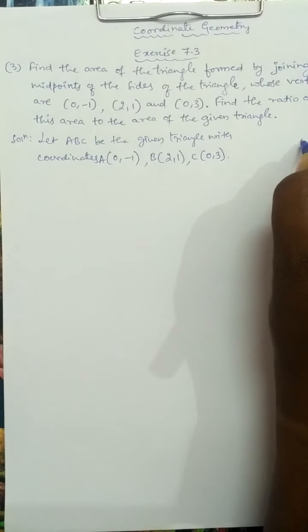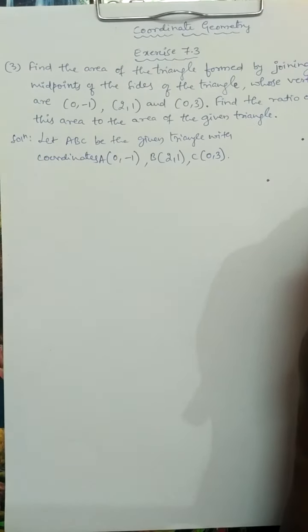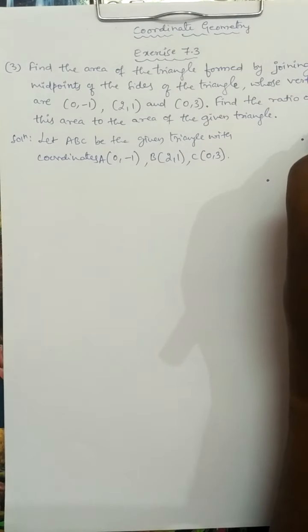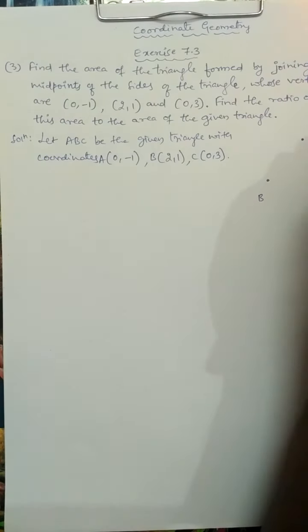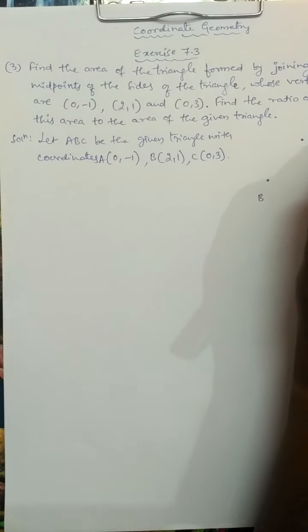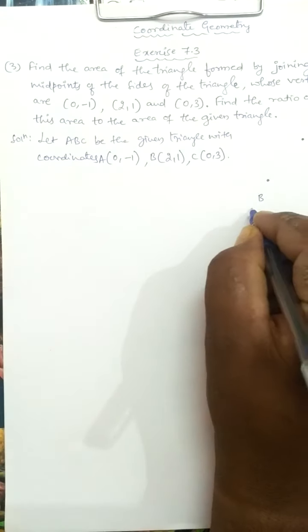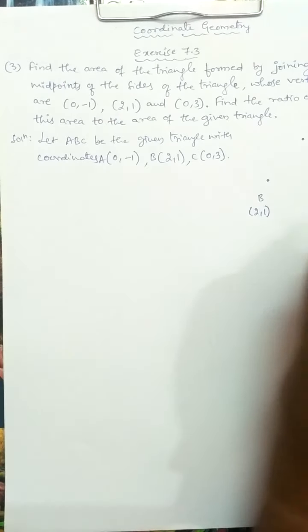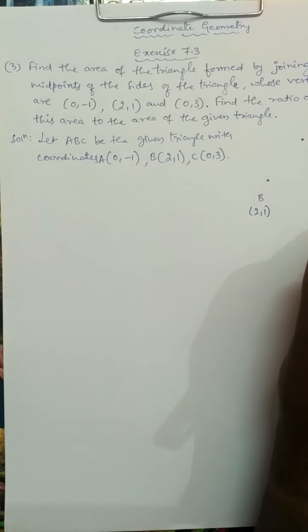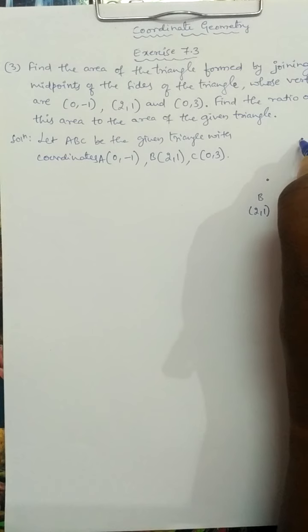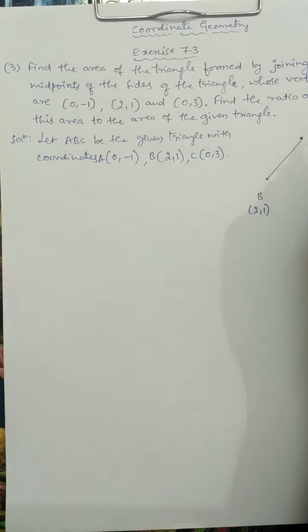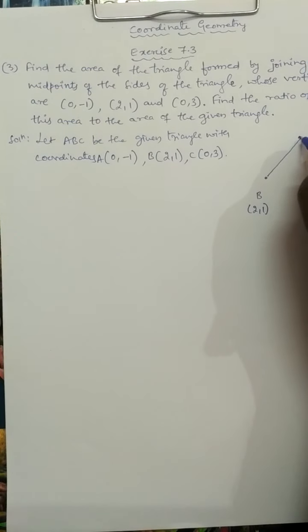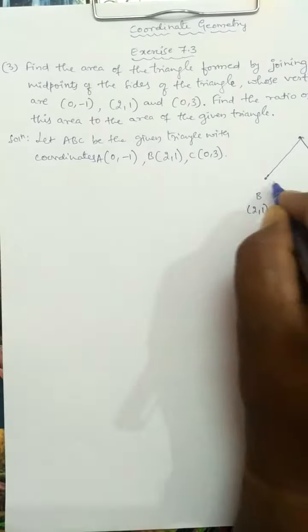So here we have to take three coordinates. This is A, this is B, this is C. A coordinates are (0, -1), B coordinates are (2, 1) and C coordinates are (0, 3). If you join these three points, this is the given triangle.